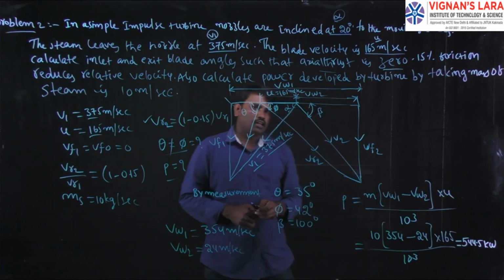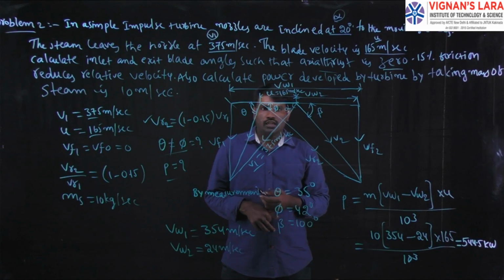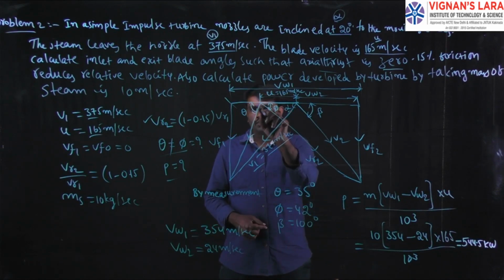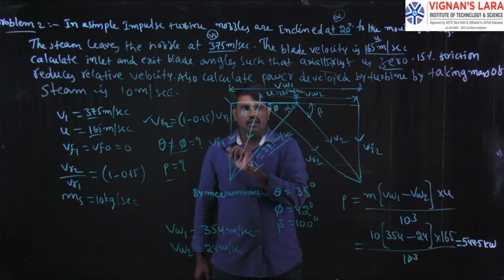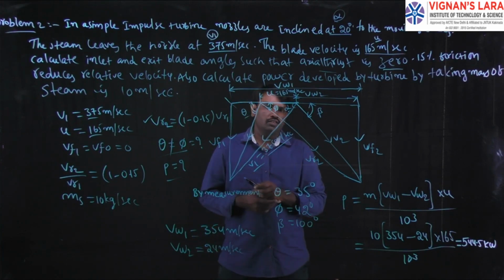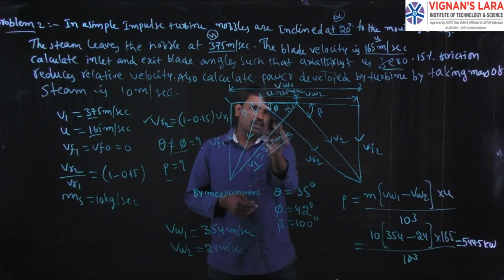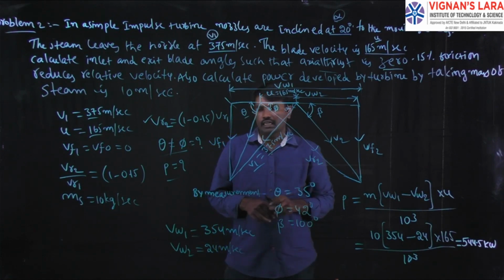Later you have to draw the exit velocity triangle. After completing the inlet velocity triangle, you can easily measure theta and phi values.